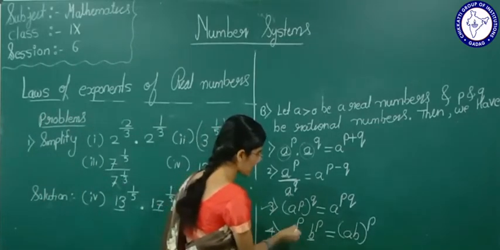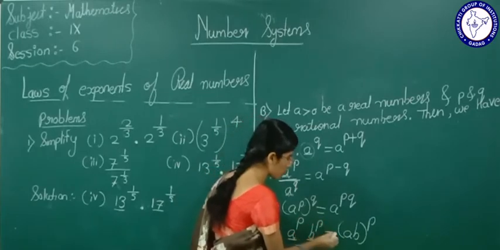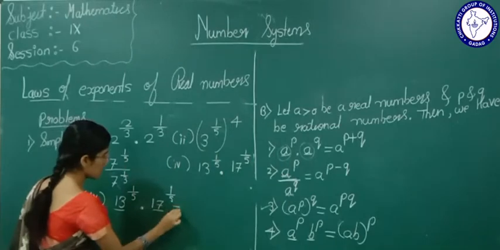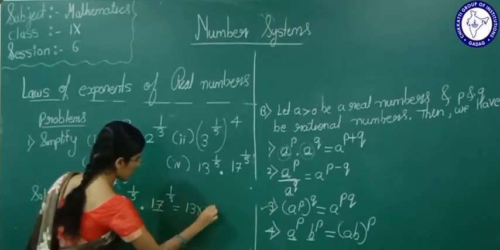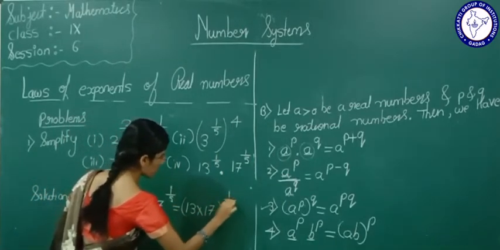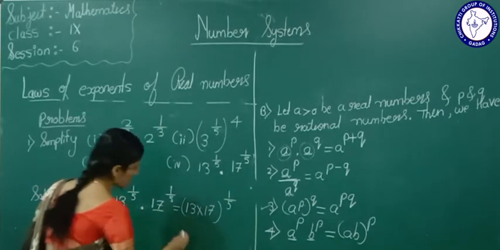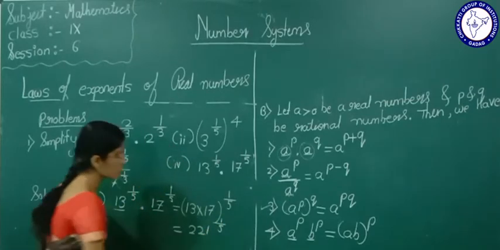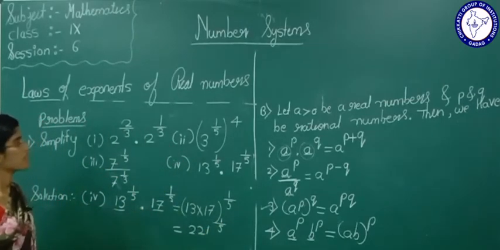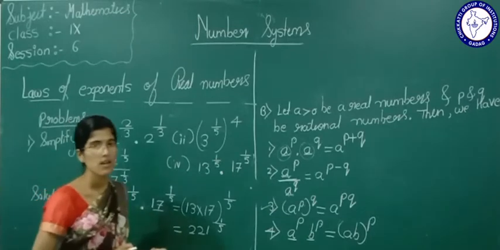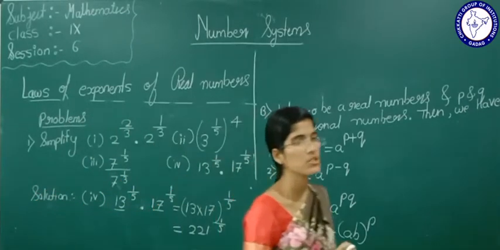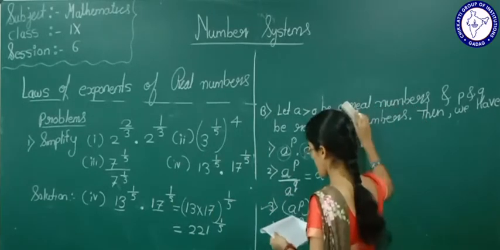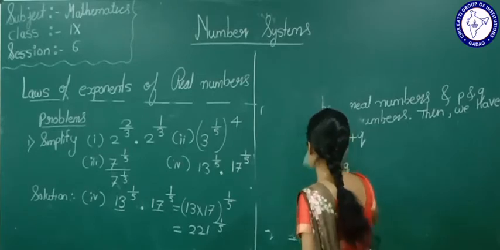Fourth law, that is a raised to p into b raised to p is equal to (a into b) whole raised to p, that is 13 into 17 raised to 1/5. 13 into 17 is 221, raised to 1/5. So with the use of the laws of exponents of real numbers, we have simplified the problems. Next we will see exercise 1.6.